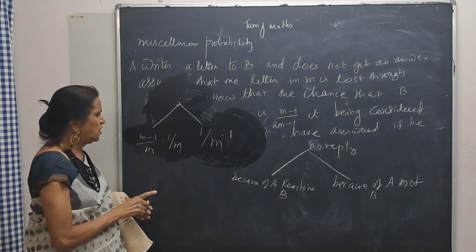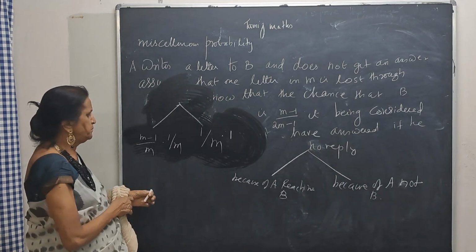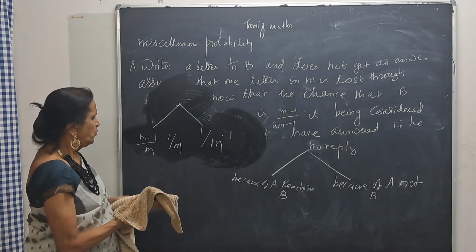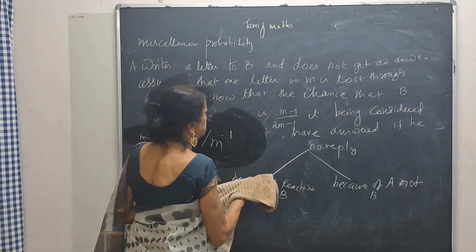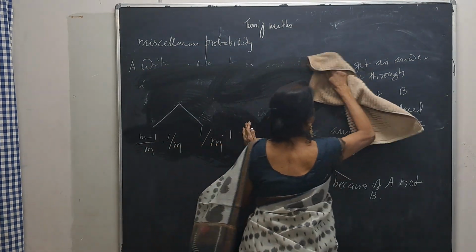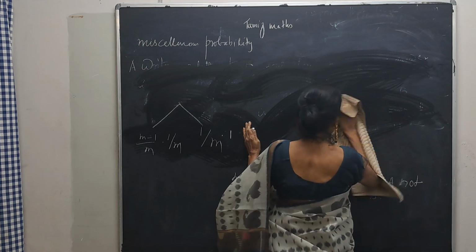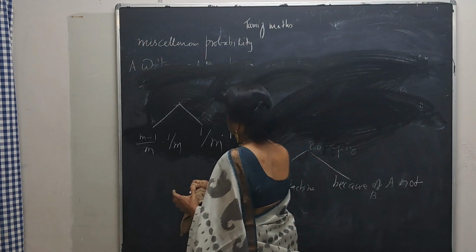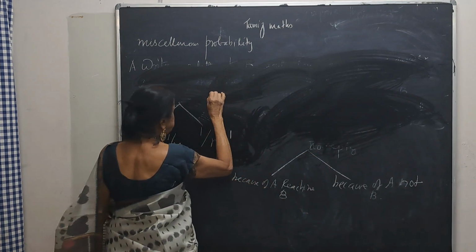So what is the probability of the main action? What is the probability of the main action? The probability of the main action will be the denominator, the total probability.